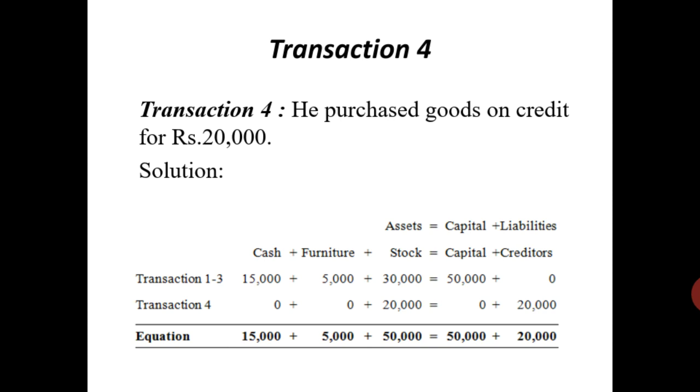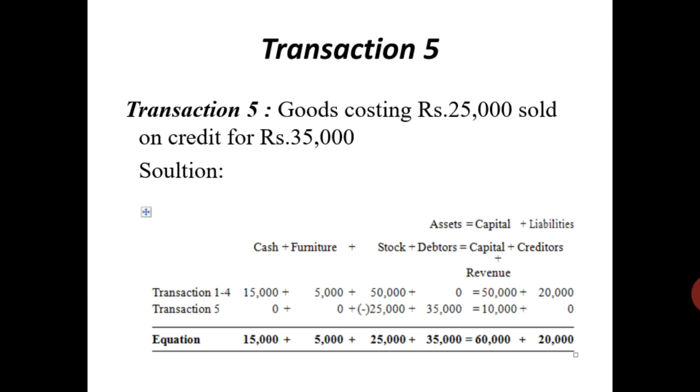This transaction will give rise to a new asset in the form of debtors, with the amount of rupees 35,000, but the goods will be reduced only by the amount of 25,000. So the asset side will increase by 35,000 and stock will be decreased by 25,000.